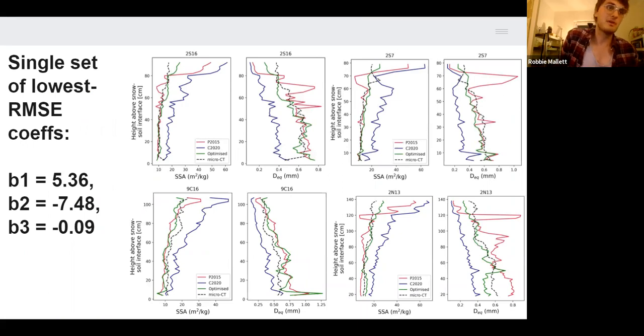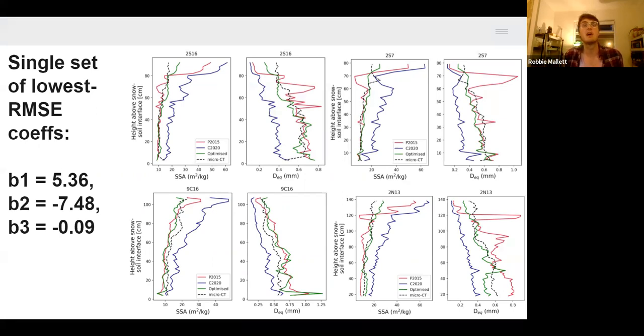The green is the performance of our optimized coefficients in retrieving the specific surface area of snow. As you can see, it works pretty well. It does a better job than the blue line, certainly the 2020 coefficients, and it also does quite a lot better than the red line at some of the pits.